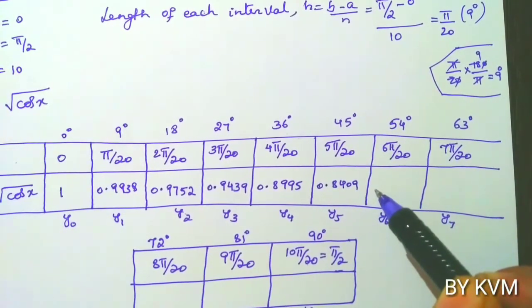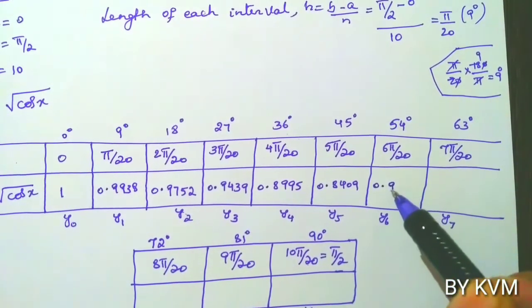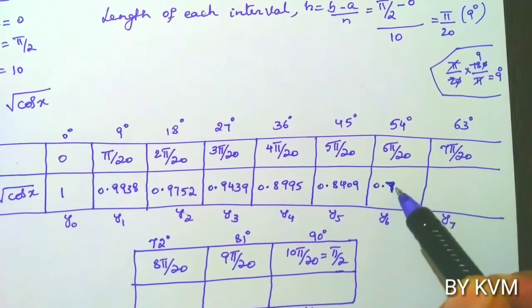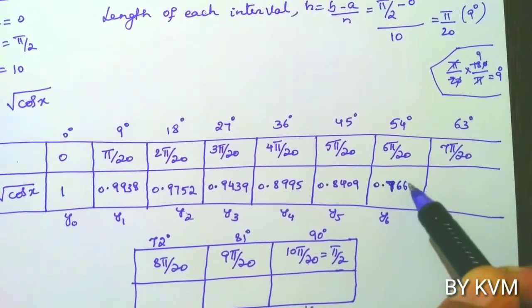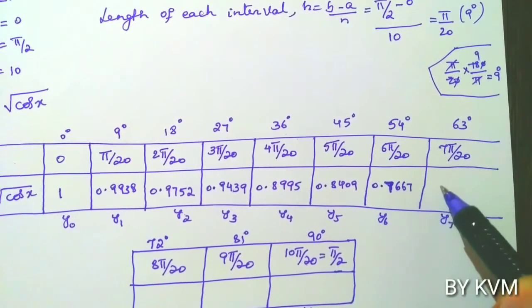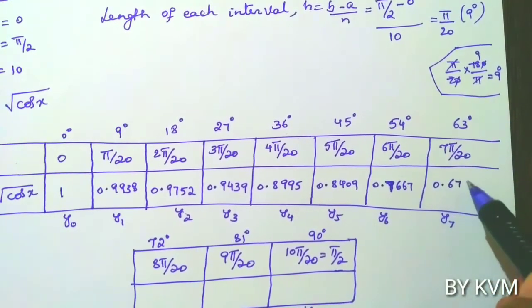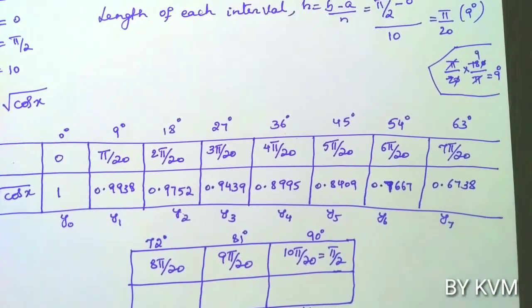Square root of cos 6 pi by 20 is 0.7667. Square root of cos 7 pi by 20 is 0.6738.